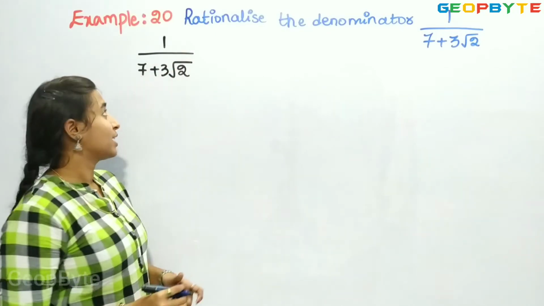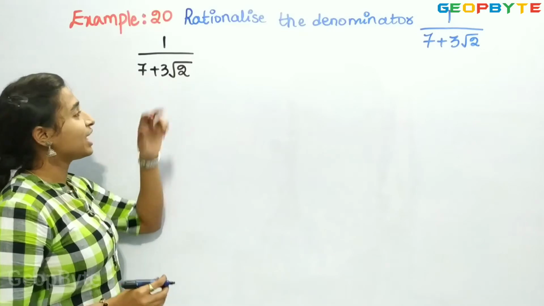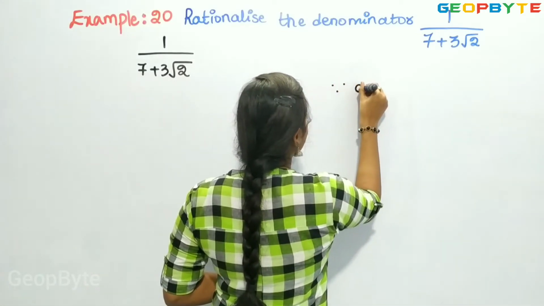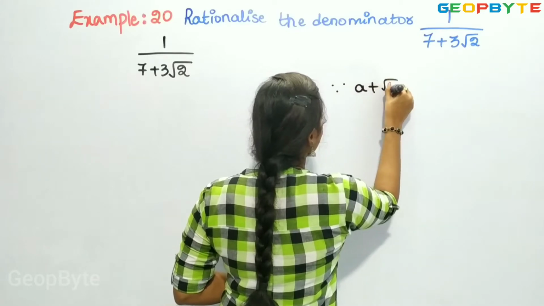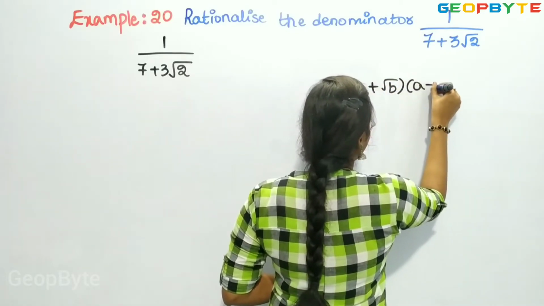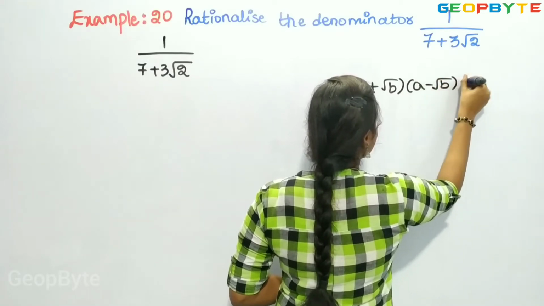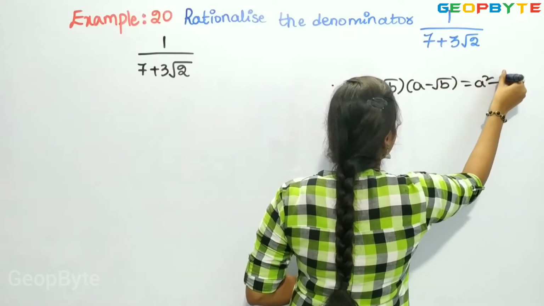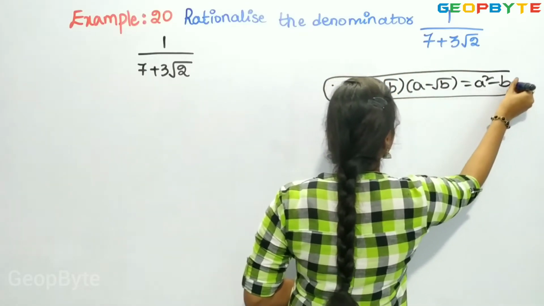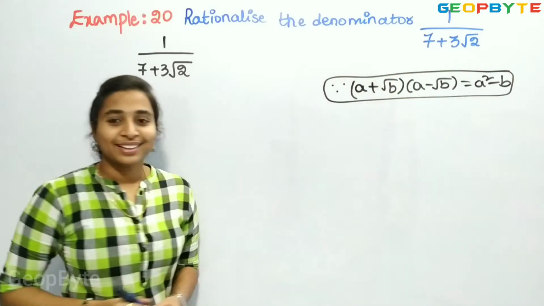Now see, this is in the form of A plus root B. We have the identity A plus root B into A minus root B is equal to A square minus B. Right?